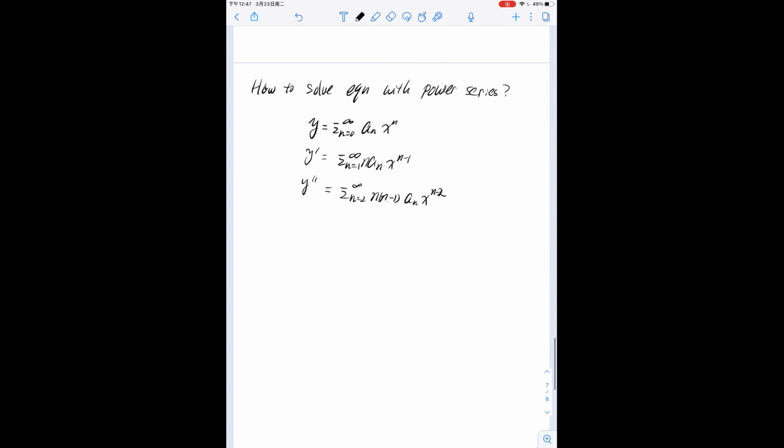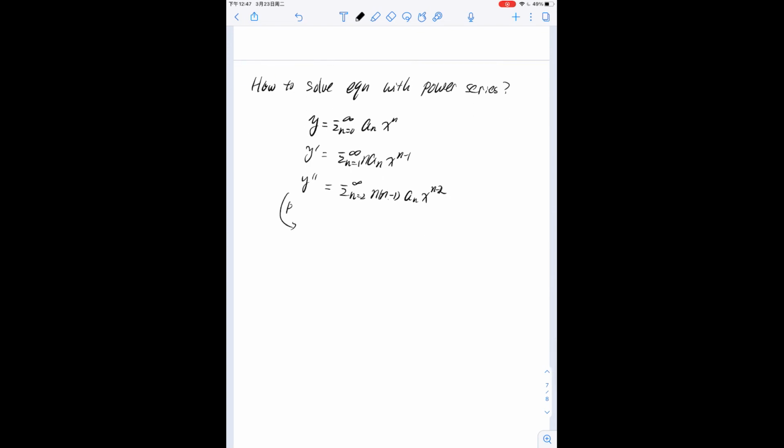And then we plug this representation into the equation. For example, I just randomly write an equation, y double prime equals xy, for example, that looks like this.